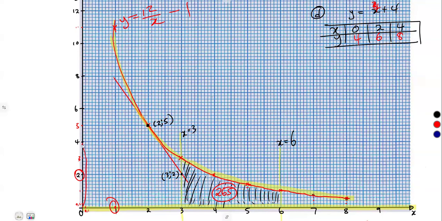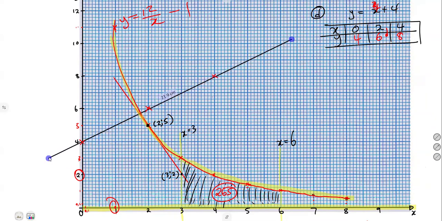That's 0 versus 4 on the y-axis, then 2 versus 6, and 4 versus 8. These 3 points, you can join them using a ruler, and you have your straight line.